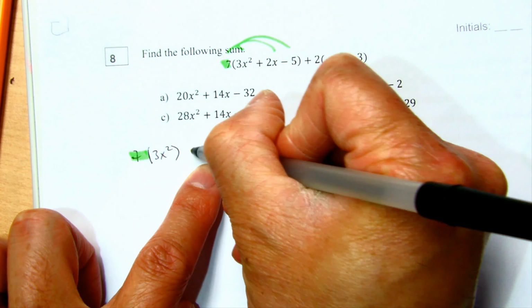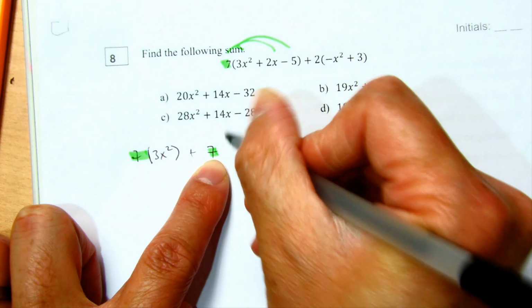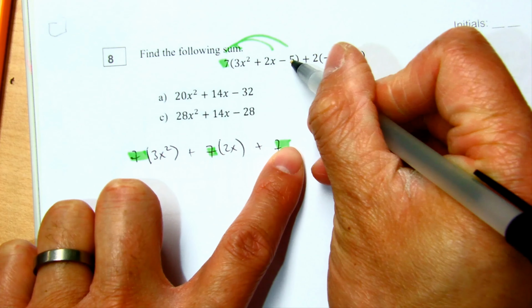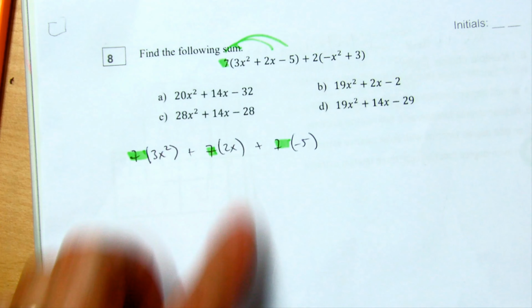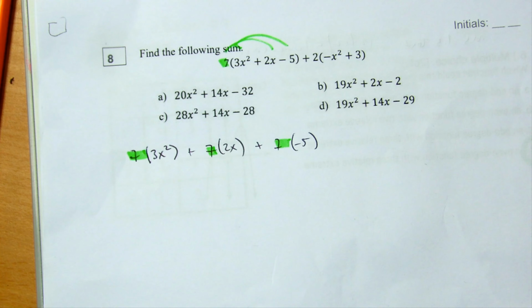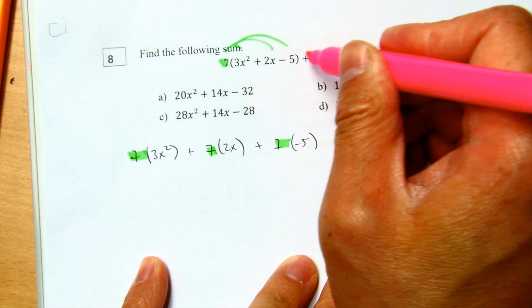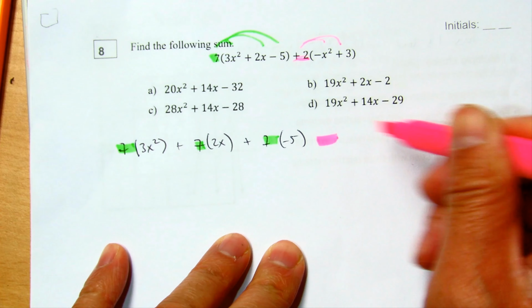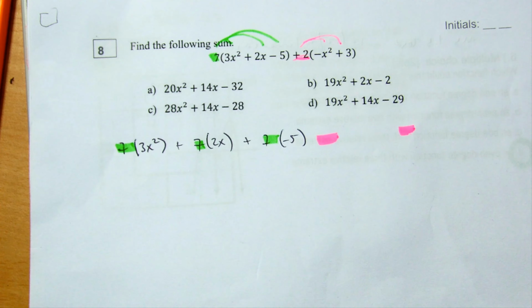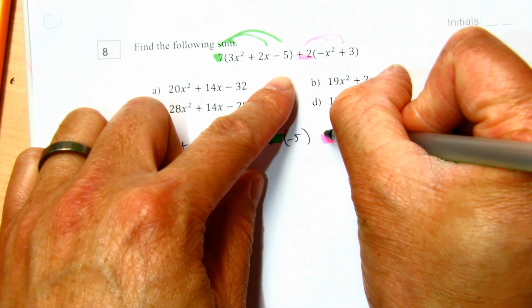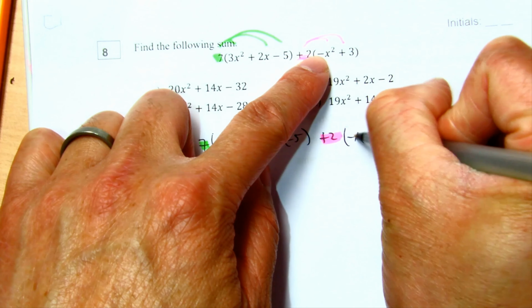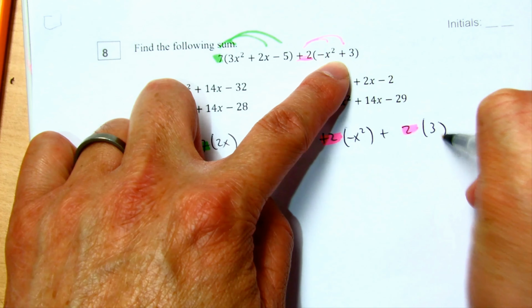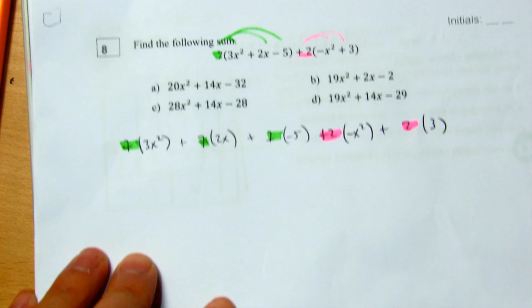The 7 is positive. 2x. 7 again to the -5. We'll pass out a pink starburst to each of these terms. This 2 is positive. Into this 3.